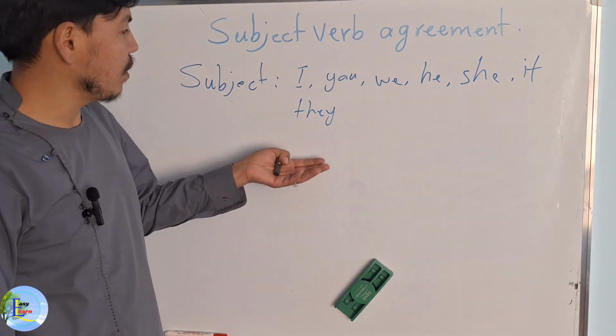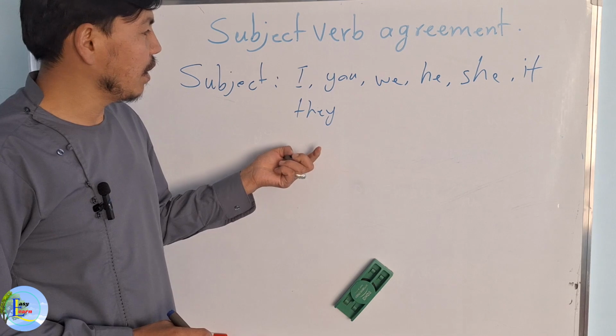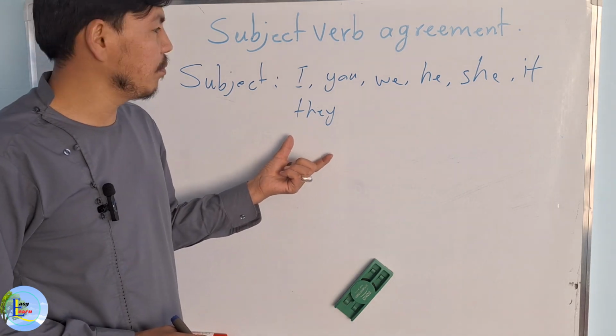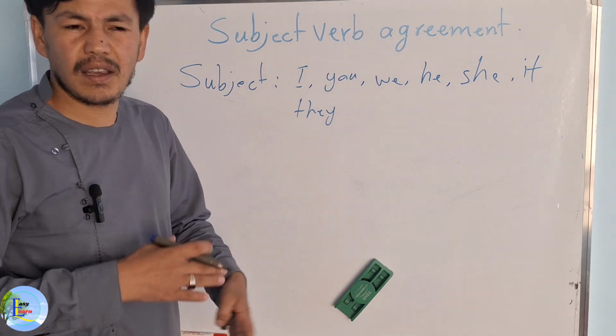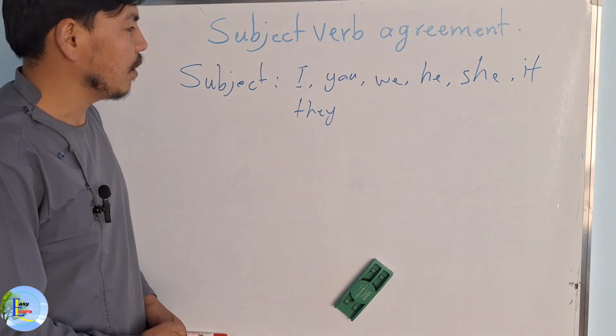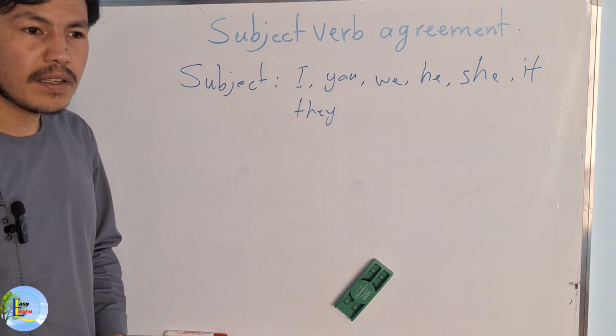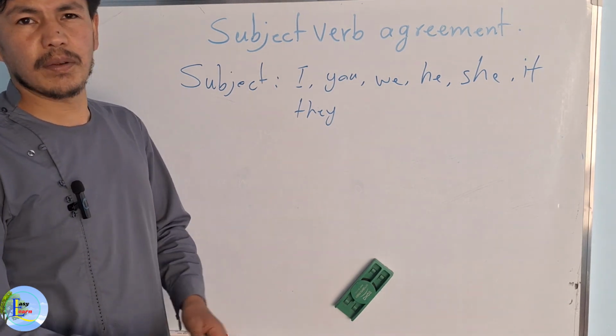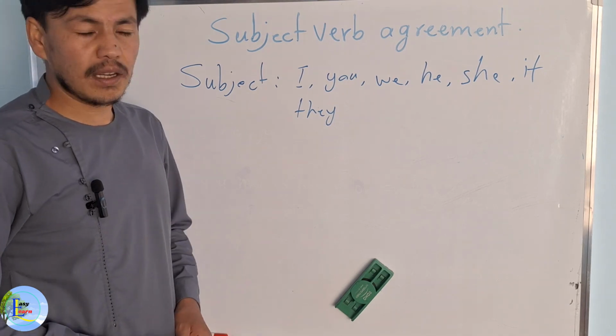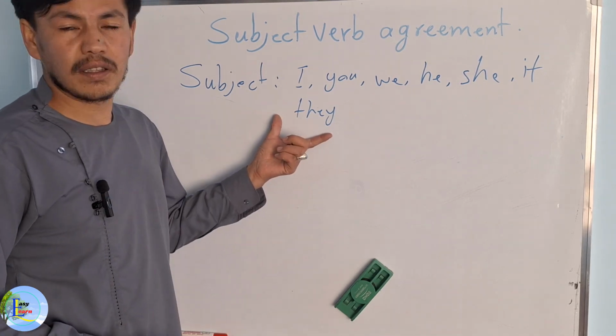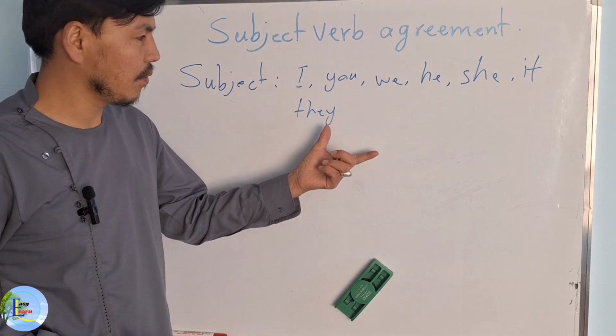But of course, instead of these, we can directly say the name of people, things, ideas, whatever. If you do not say the name of people or objects, we need to use these subject pronouns.